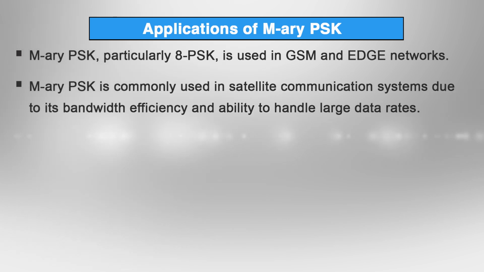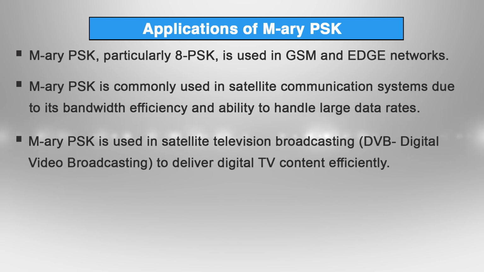M-array PSK is commonly used in satellite communication systems due to its bandwidth efficiency and ability to handle large data rates. M-array PSK is used in digital television and radio broadcasting.